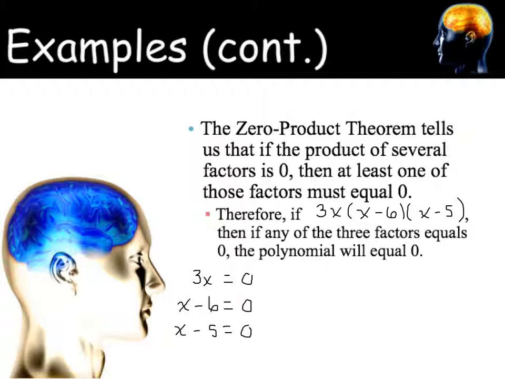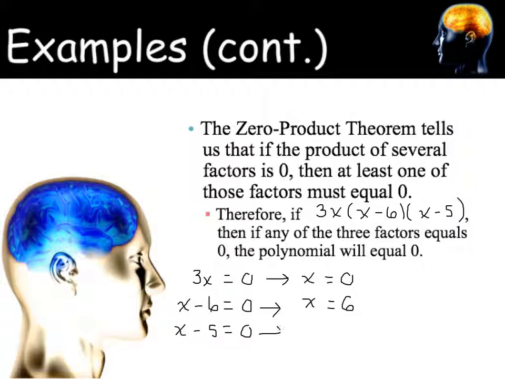So to solve 3x equals 0 for x, we would need to divide both sides by 3, and of course x would equal 0, because 0 divided by 3 is 0. To solve x minus 6 equals 0 for x, we'd have to add 6 to both sides of the equation, so we'd get x is equal to 6.